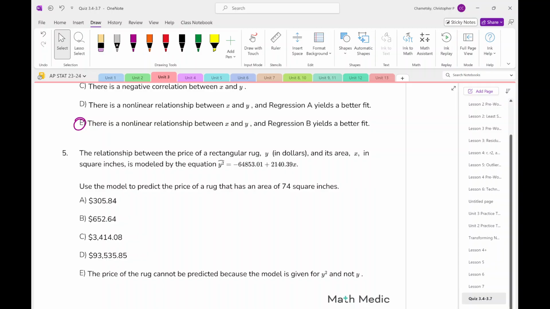So to do this one, we're going to simply plug in our x value of 74 square inches.